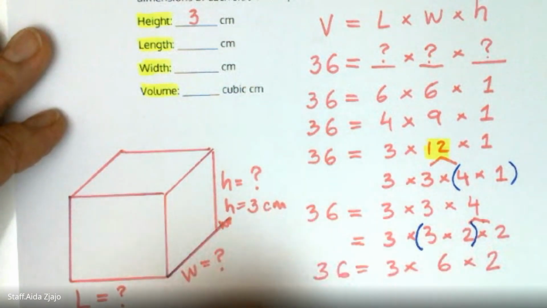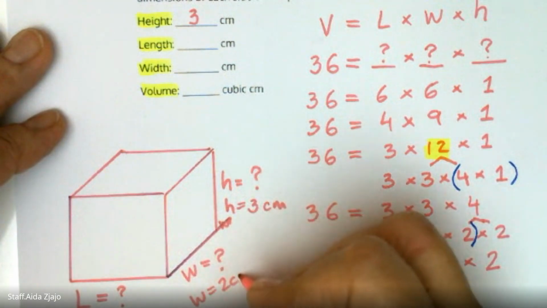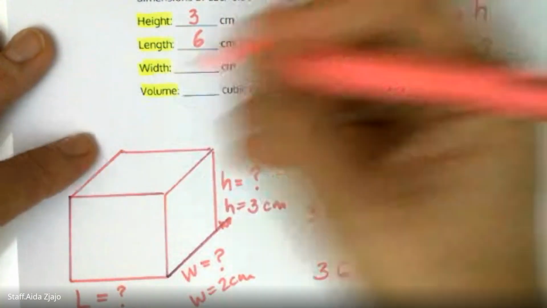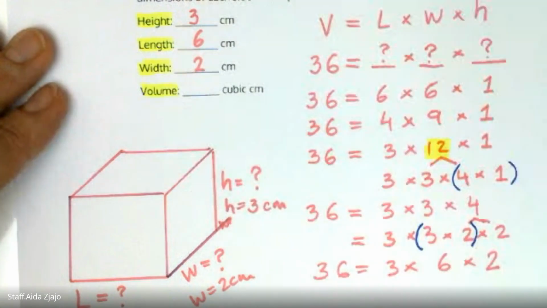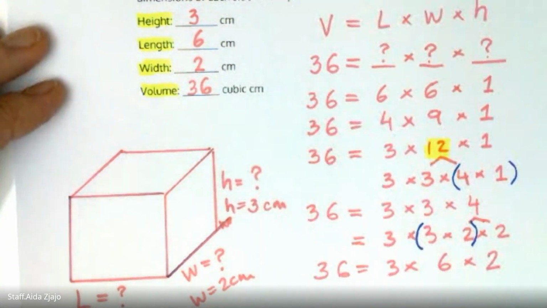I could use the length to be 6 centimeters, and I could use the width to be 2 centimeters. So length is 6 centimeters, width is 2 centimeters, and the volume is 36 cubic centimeters.